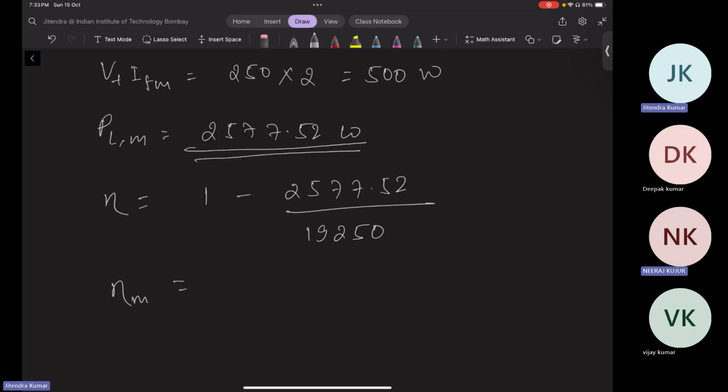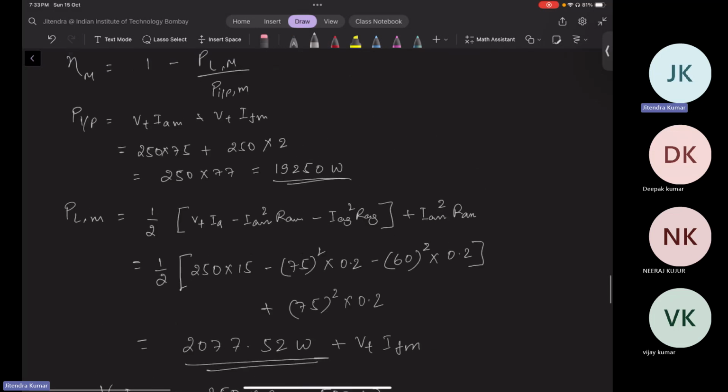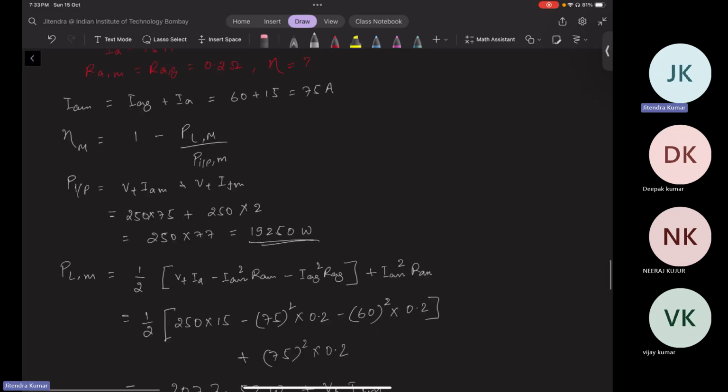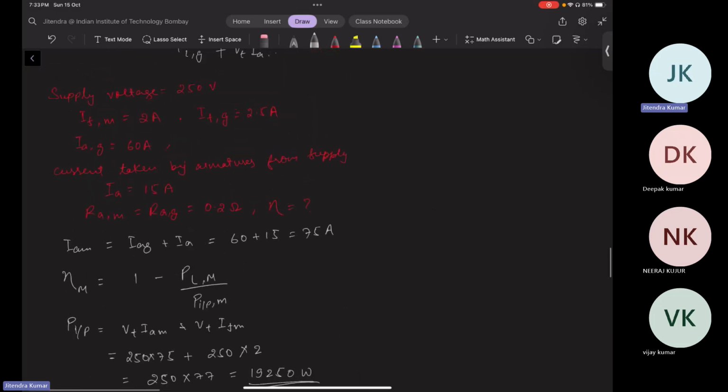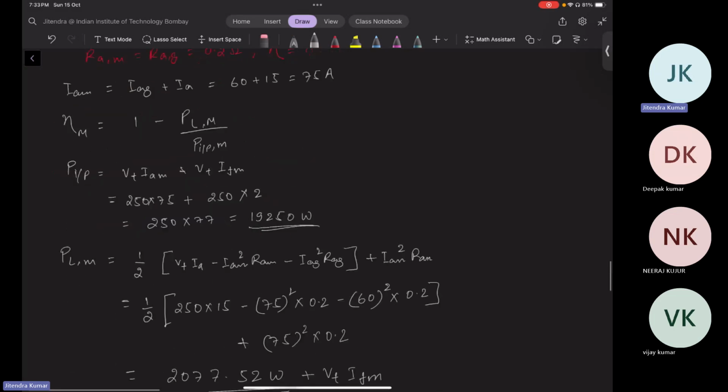So 86.6%. So that is the efficiency of motor, right? I hope you got the idea how to calculate efficiency of the motor. This is the most convenient way I have ever found to calculate all the losses and efficiency from the Hopkinson's test. Okay. Any doubt in this?